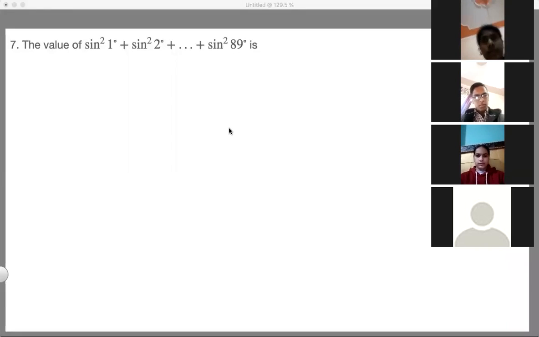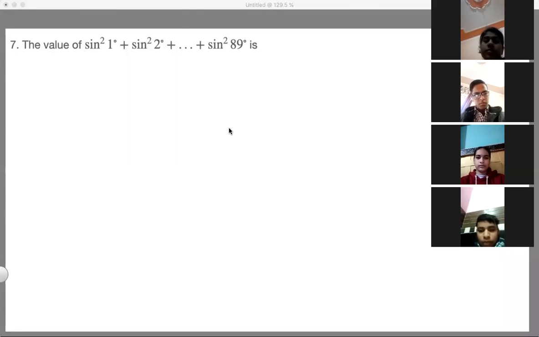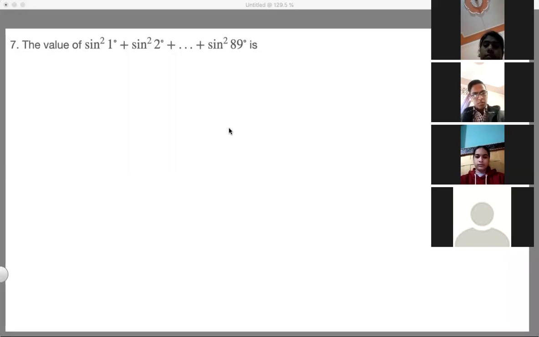What will that be? The answer will be 1. Yes, sir, because sin square 89 is converted into cos square 1, and sin square 1 plus cos square 1 is equal to 1.